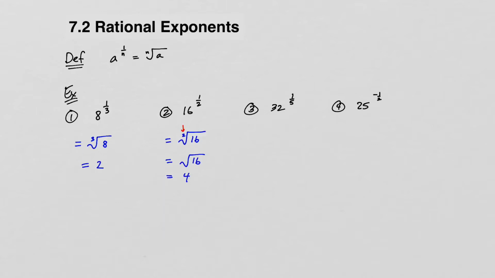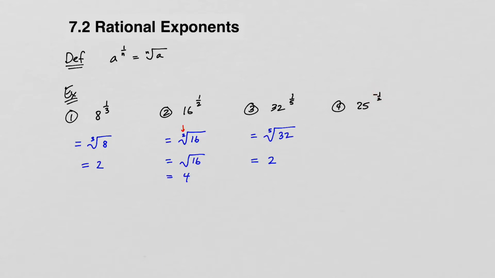So to keep going, 32 to the 1/5 power is defined to be the 5th root of 32. And the 5th root of 32 is 2, because 2 to the 5th power is 32. We can also talk about rational exponents when they are negative, and there's no new rule here. This is the same old rule that we had before.